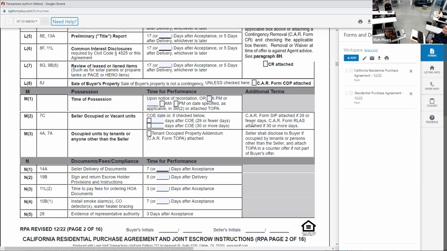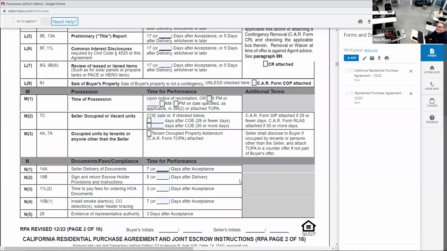Because 30 days triggers a lease. And most lenders don't want the seller to rent back more than 30 days, or more than 29 days, really. Make sure you get those forms right, because with the SIP, the 29 or less, it's not really a lease or a rent back. It is a license to stay in the property.